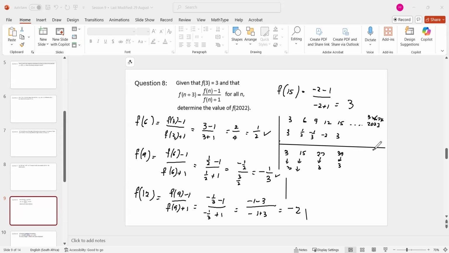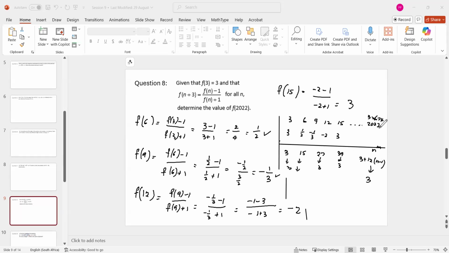The nth term, starting at 3, with common difference 12, is 3 plus 12 into n minus 1, and that goes into 3. Because you can see this is the general term.